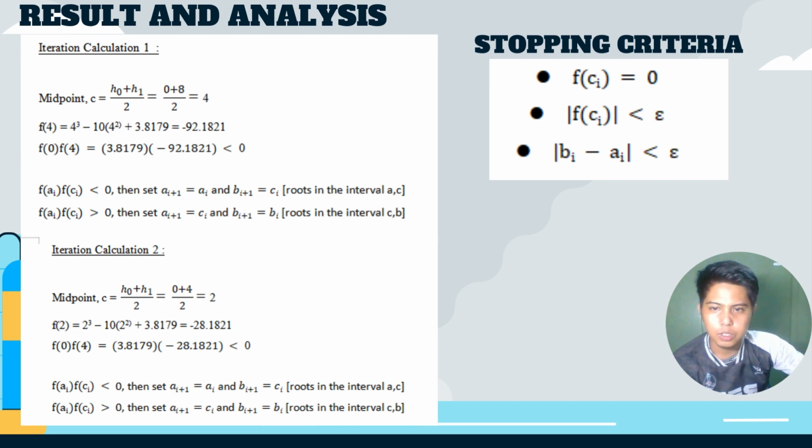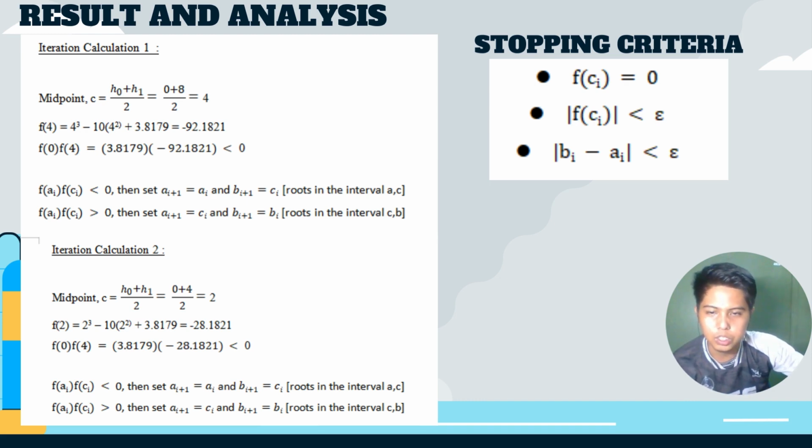So for iteration one calculation, first of all, we need to determine the midpoint for the limit, which is c equal to (h initial plus h1) divided by 2, and we get 4 feet for our midpoint of the first iteration. Based on this answer, we get f(a) times f(c) is also less than 0, which means there is one root in this equation.